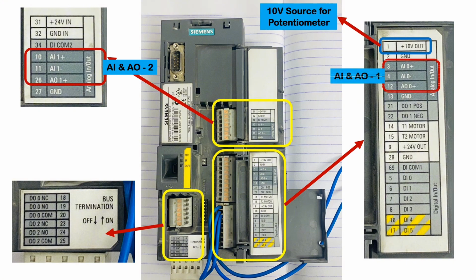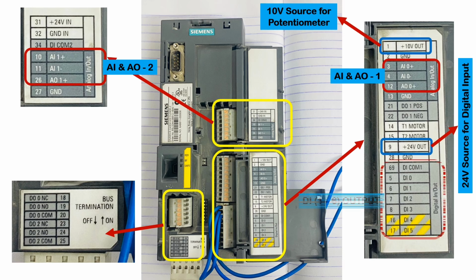Terminals 3, 4 are for analog input, and terminals 12 and 13 are another analog output. From terminal 9 we can get the 24 volt DC output voltage for digital inputs. Terminals 5, 6, 7, 8 and 16, 17 are the digital inputs.